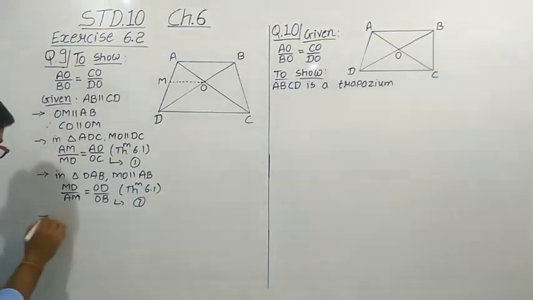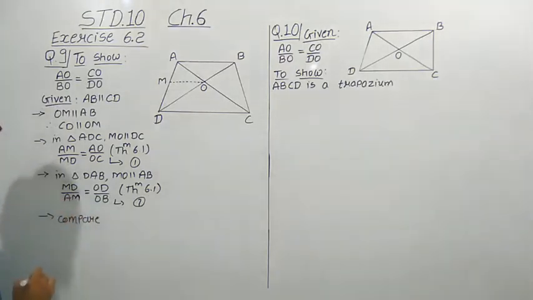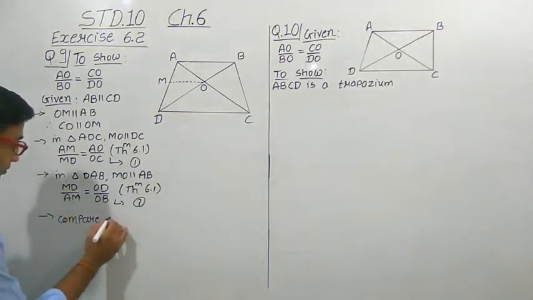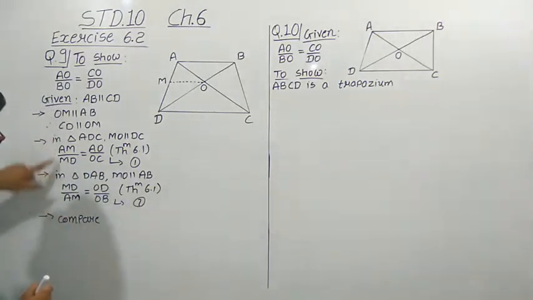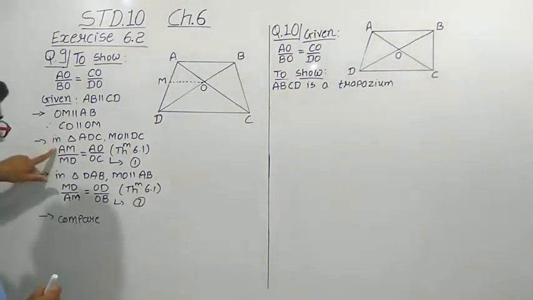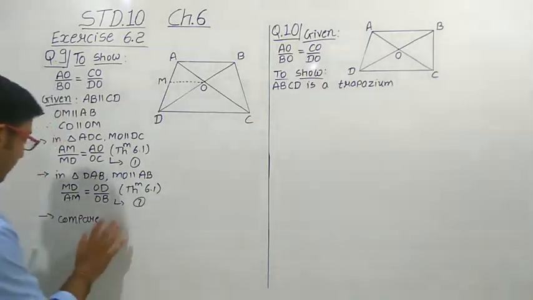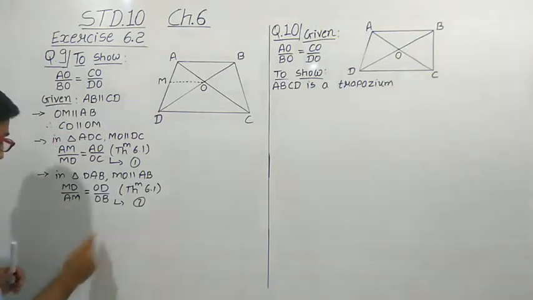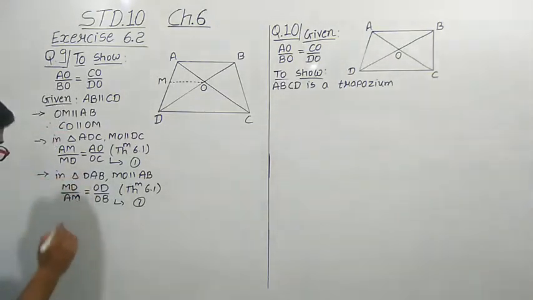Now compare equation number 1. Before we compare, you can see that AM is in the numerator in one equation but in the denominator in the other. So we have to write the numerator as the denominator, and in the same way here also.